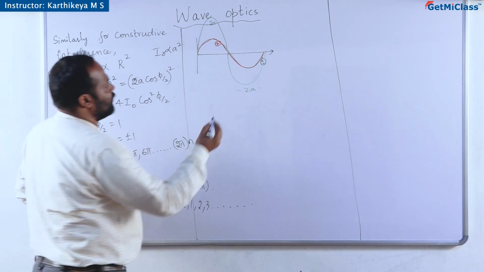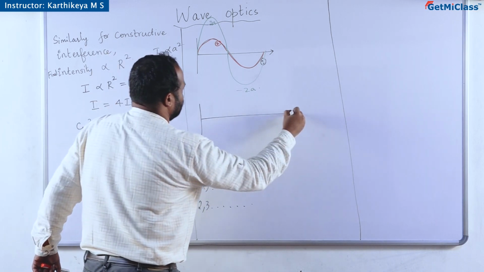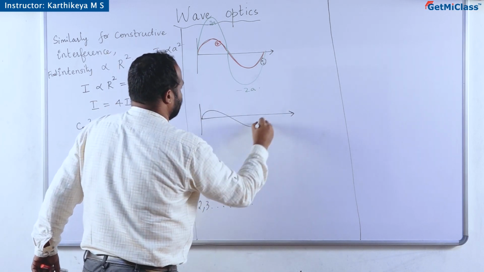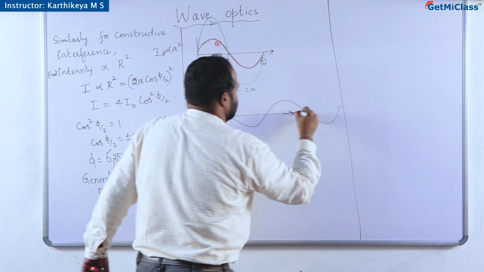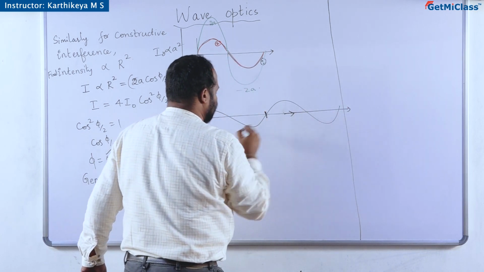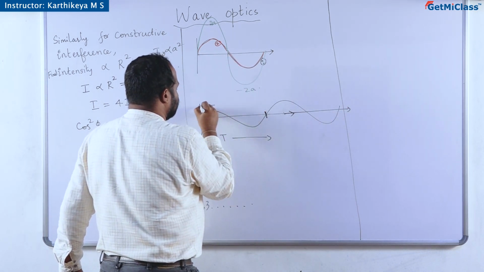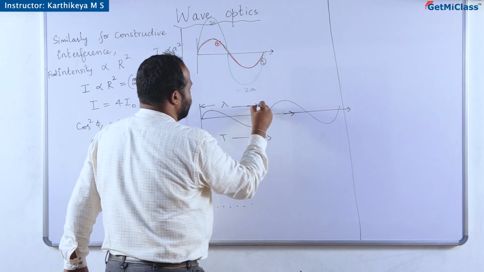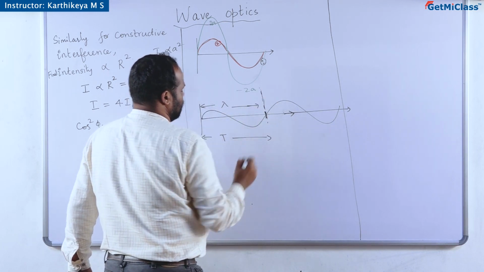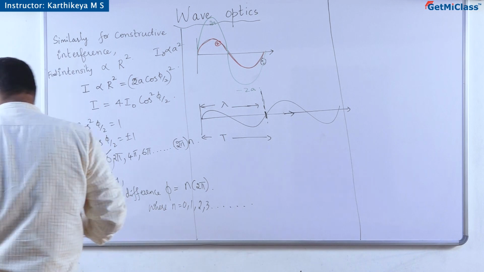Now what about the phase difference being 2 pi? If I consider one wave like this, this is where the first cycle ends. The time period for this is T. The path it travels is one wavelength up till here, lambda it is.